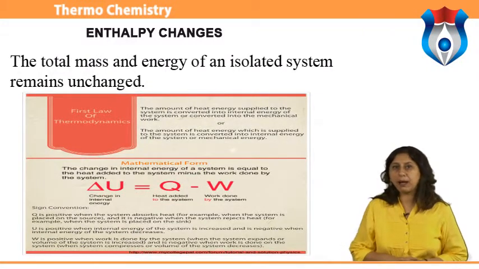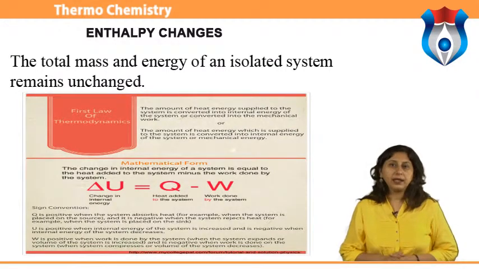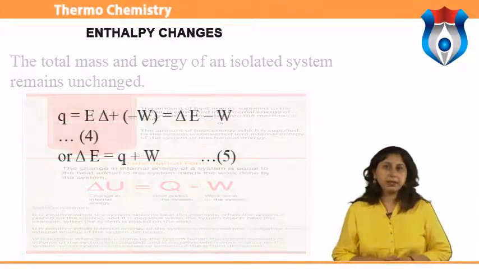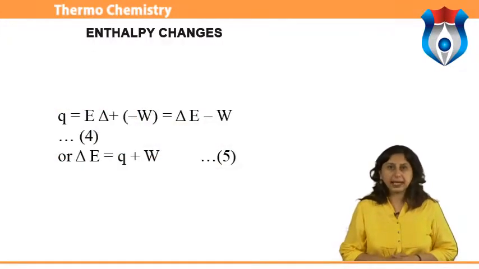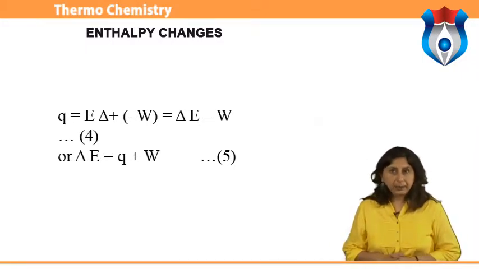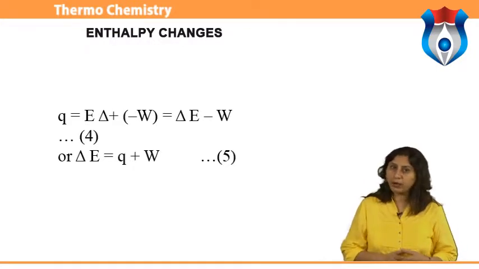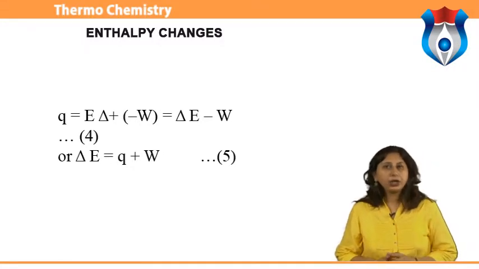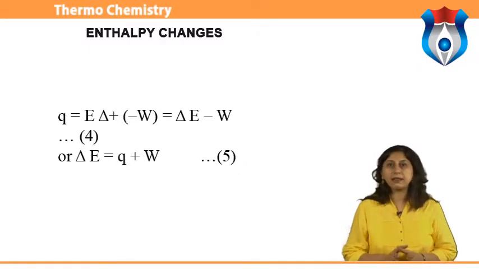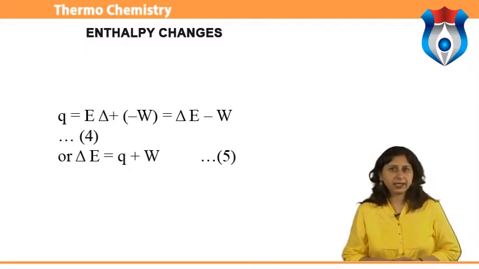Further, if W is the amount of work done by the system, then the law of conservation of energy requires that heat absorbed by the system is equal to the increase in internal energy of the system plus the work done by the system. That is, Q is equal to delta E plus W, or delta E is equal to Q minus W. The minus sign of work appears as work is done by the system on the surroundings, so the internal energy of the system decreases.